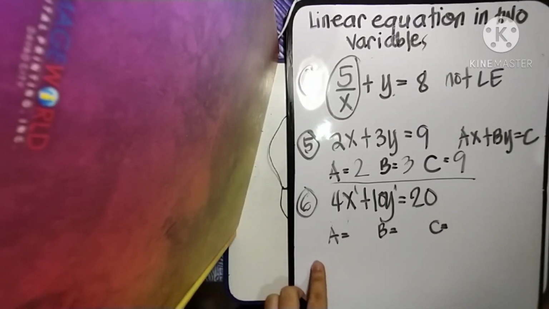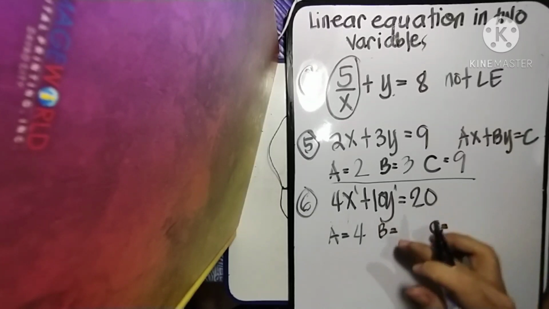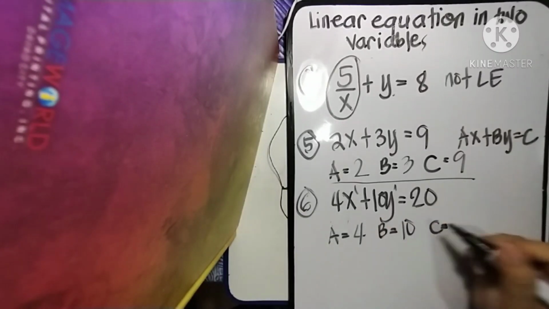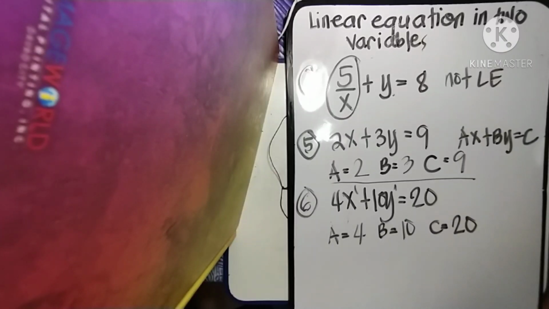So always remember, value of a is always beside with x. So beside with x is 4, beside y is 10, and c is 20. Okay, so these are on how to determine a linear equation in two variables. Okay. So now let us proceed with the next example.